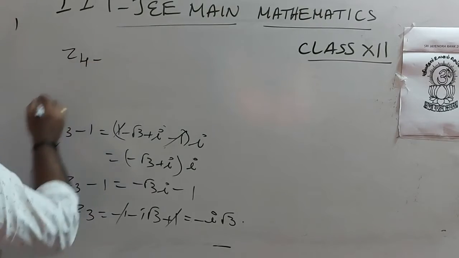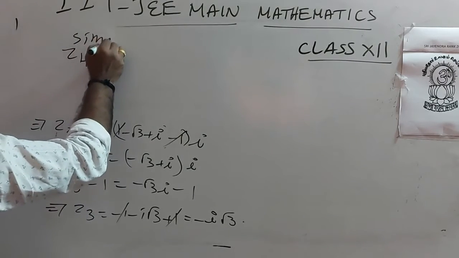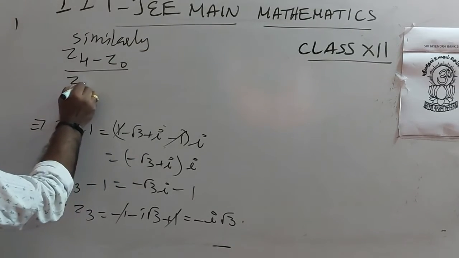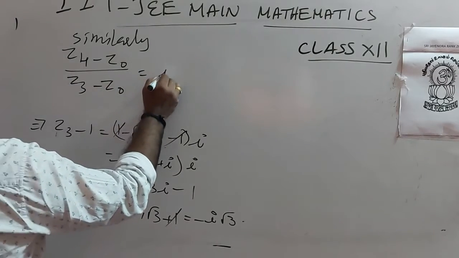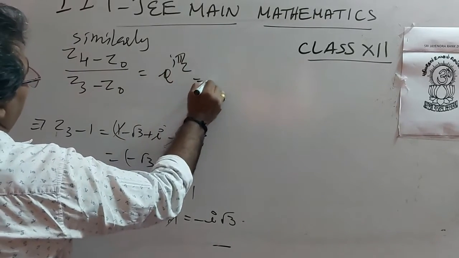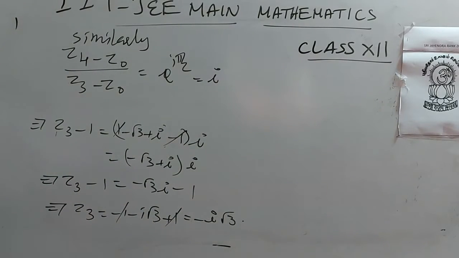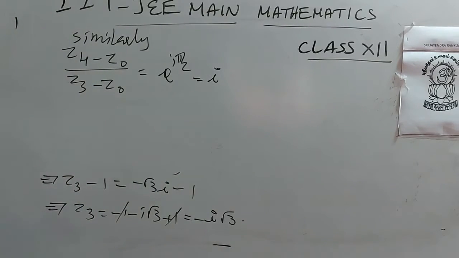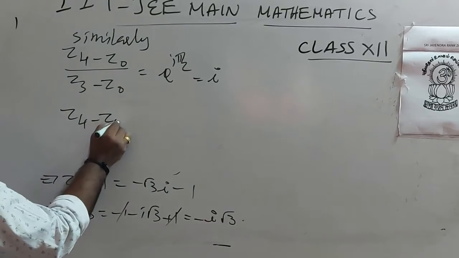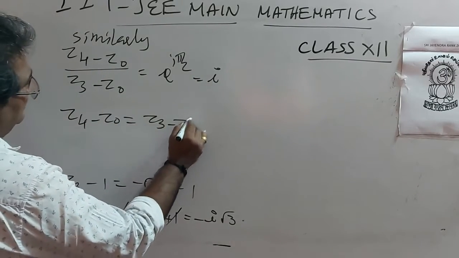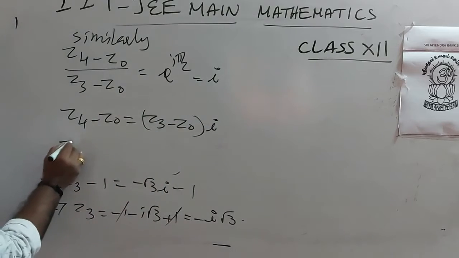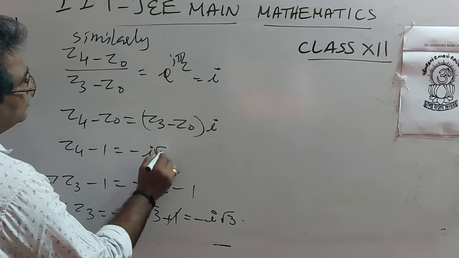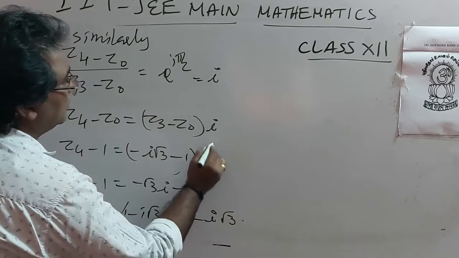Again, the same sense. Similarly Z4 minus Z0 by Z3 minus Z0 equal to e power i pi by 2, which is equal to i. Z4 minus Z0 equal to Z3 minus Z0 into i. Z4 minus 1 equal to Z3, that is minus i root 3 minus 1, into i.